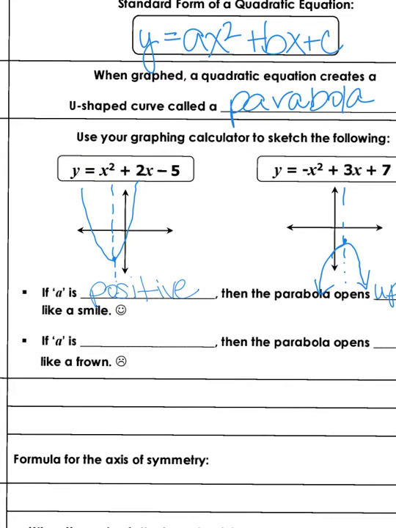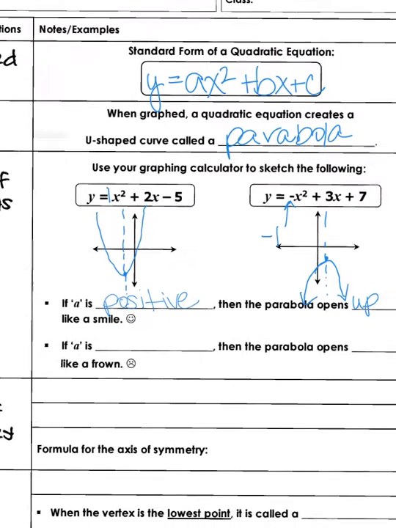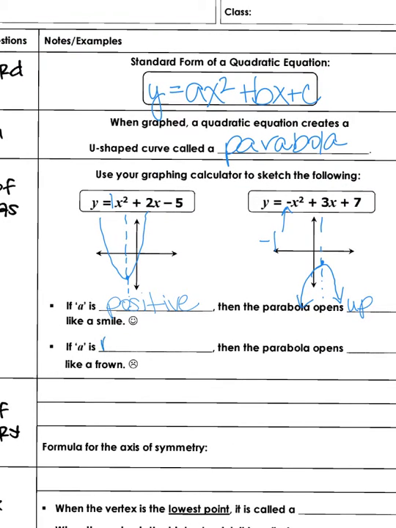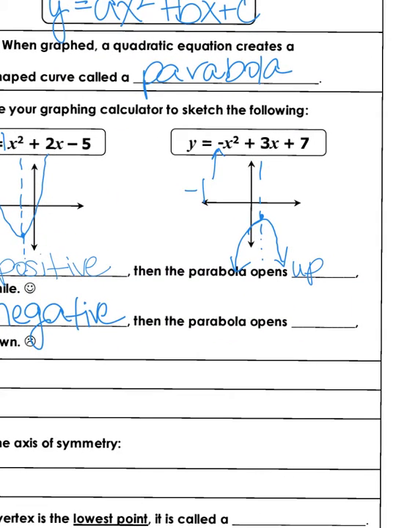If I wanted to, I could put a 1 here, and then here, my coefficient is negative 1. So if a is negative, then the parabola opens down like a frown.